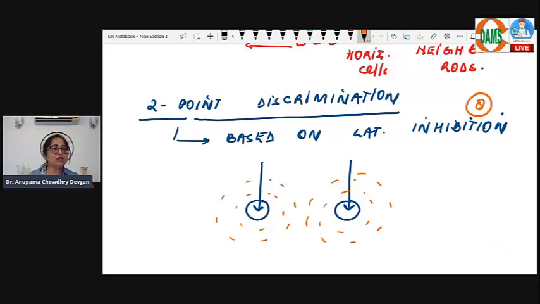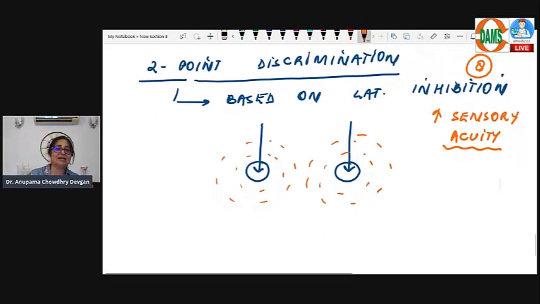Two-point discrimination is based on which physiological phenomenon? This is based on lateral inhibition. Lateral inhibition increases the sensory acuity here.